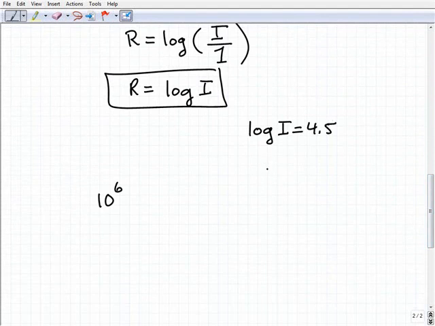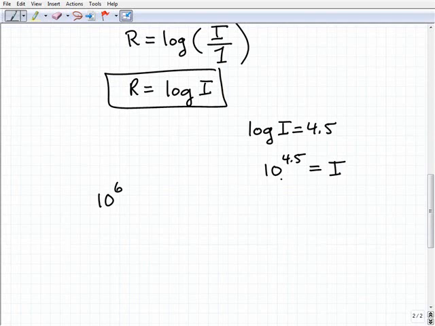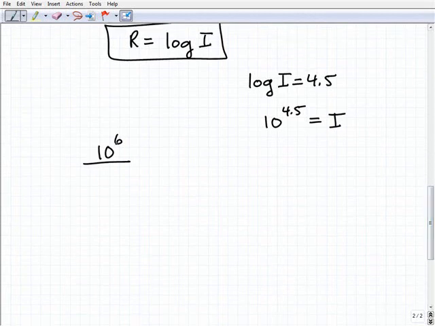Now I have to change that into an exponential equation, so 10 to the 4.5 power is the intensity of a 4.5 magnitude earthquake on the Richter scale. Now I want to know how much stronger a 6.0 earthquake is versus a 4.5 intensity-wise. So I'm going to take my 6.0 earthquake's intensity, 10 to the 6th, and divide it by the intensity of my 4.5 earthquake.